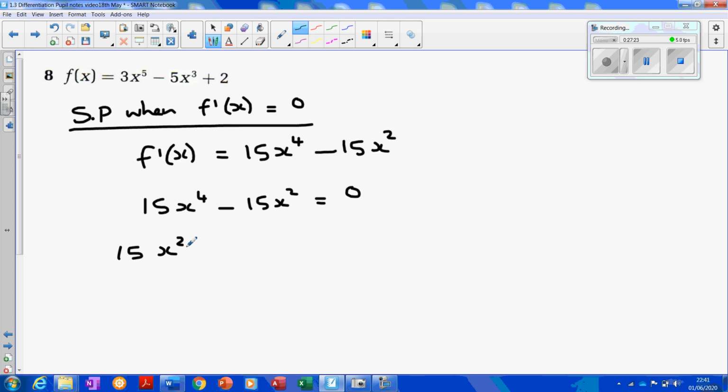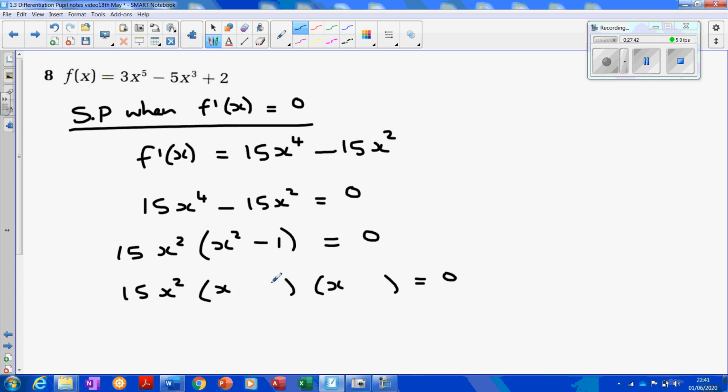Factorise. Highest common factor is 15x squared. That will leave me with x squared minus 1 equal to 0. That there stays as it is, and the bracket is a difference of 2 squares, so make 2 identical brackets. Make sure you always keep this 0 down here. So x and x, square root of 1 is 1, one bracket is positive and one bracket is negative.